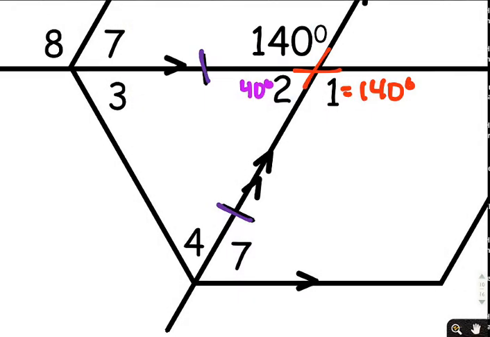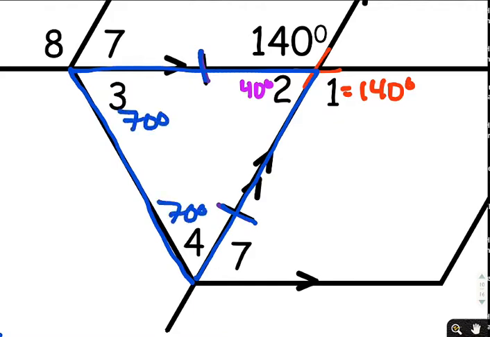If I combine that with the triangle sum theorem, which states that all the angles within a triangle have to add up to 180 degrees, and I do have a triangle here, I know that angle 3 and angle 4 have to be congruent because, again, by the base angle theorem, we're in an isosceles triangle, so it has to split up those angles equally. So this guy is equal to 70 degrees, and this guy is equal to 70 degrees.